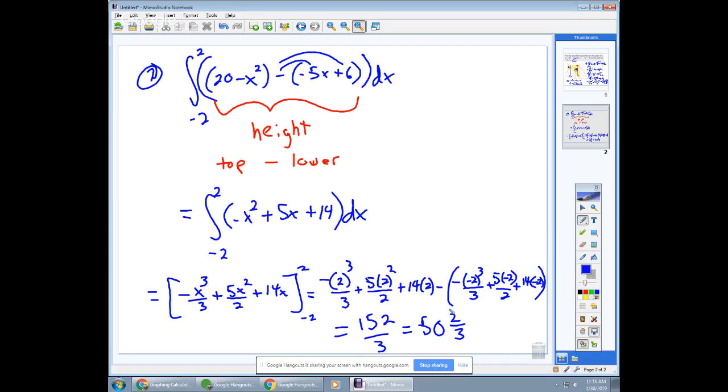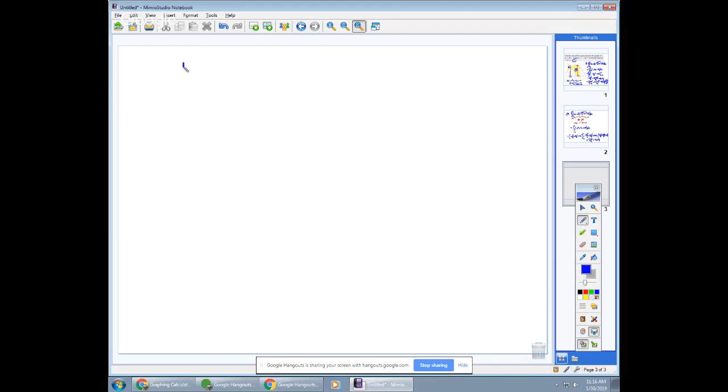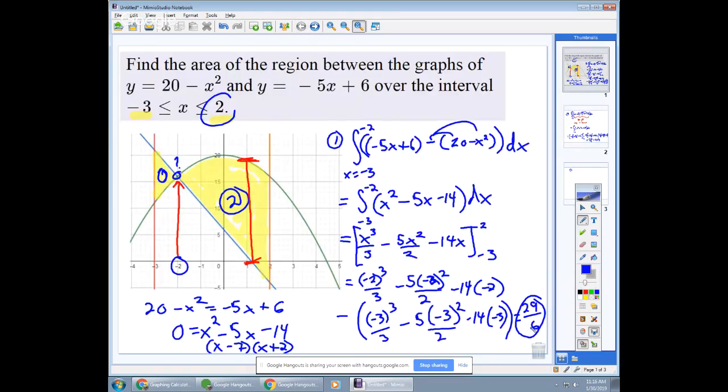So now we're almost done. We just got to put those two integrals together. So we've got area 1, which was, what was that one? No, it was 4 and 5/6.